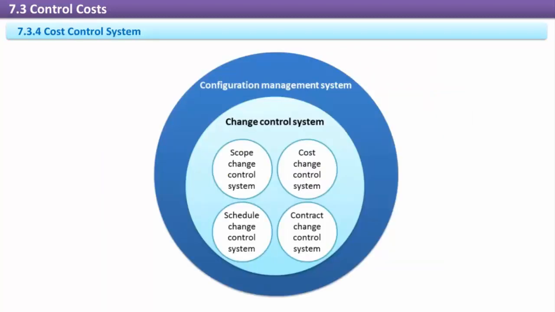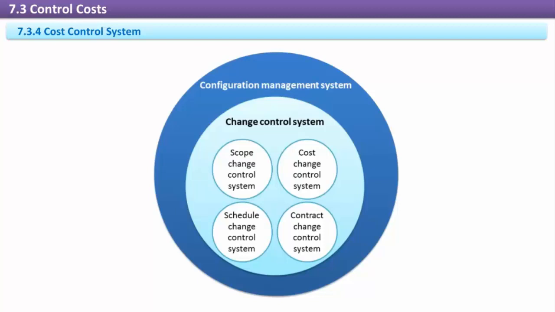Cost control system. The project cost change control system provides the processes and procedures for requesting, logging, reviewing, and implementing cost changes. It is a component of the project change control system, and since most project changes have a cost ramification, it's important for the cost change control system to be well established and communicated so that everyone knows the procedures to follow.